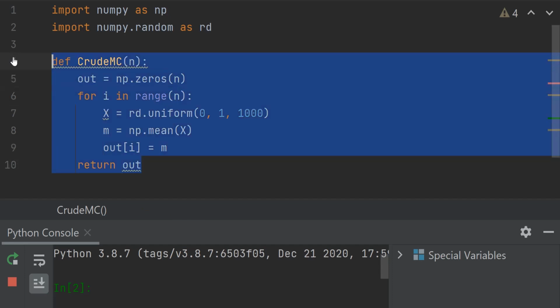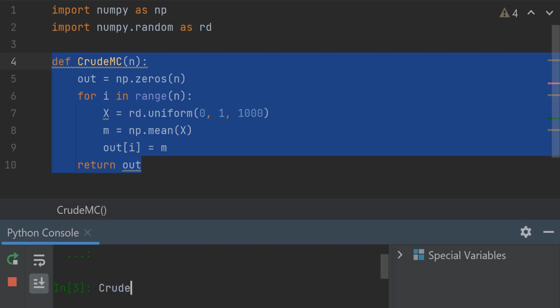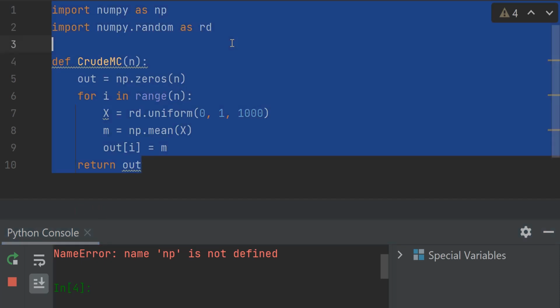So if I simply want to estimate this mean, I can run crude Monte Carlo 1. NumPy is not defined. Okay, let me run everything instead. Crude Monte Carlo 1. This gives me an estimate of something very close to the real mean, which is 0.5.